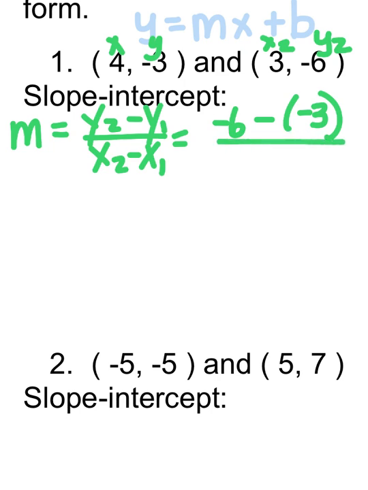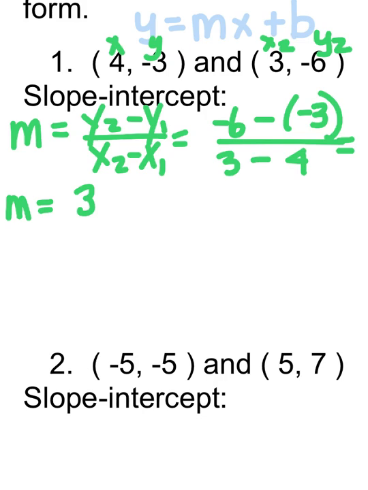Then we have our x2 is 3 minus x1, which is 4. Once we simplify this, we see that our slope is equal to 3.